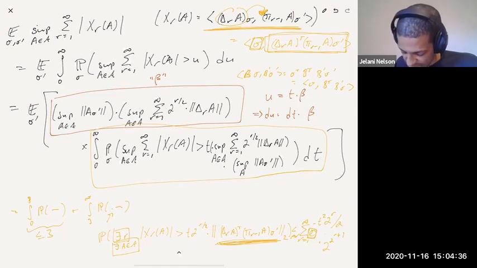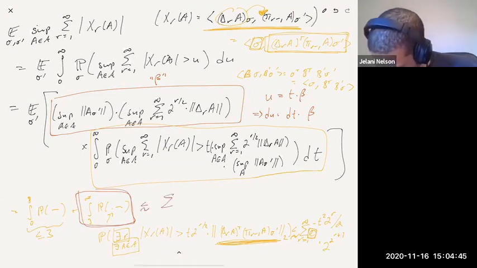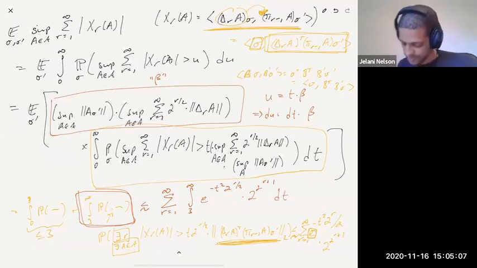The point now is this part here, this integral here, I can write as being at most the sum over all r from, reverse the order of the sum in the integral, r from 1 to infinity, of the integral from 3 to infinity of e to the minus t squared 2 to the r over 2 times 2 to the r plus 1 dt.